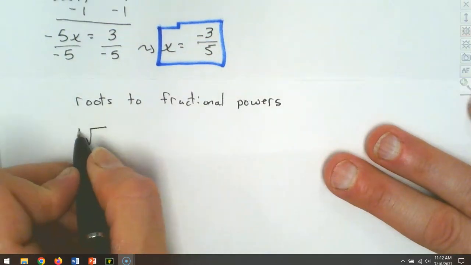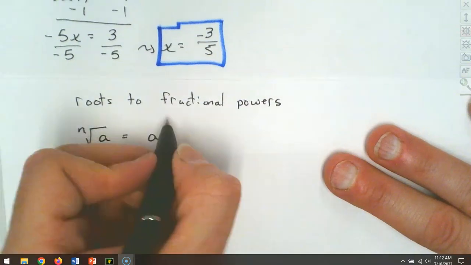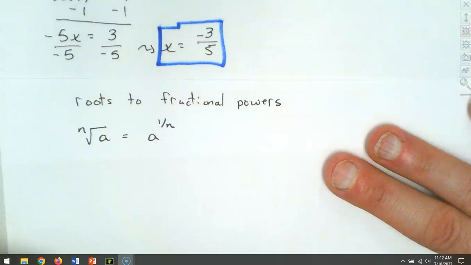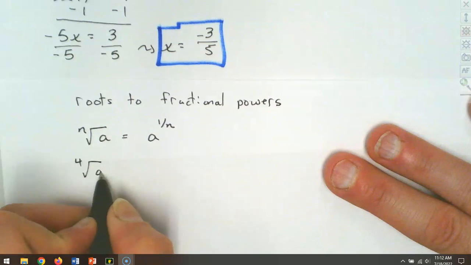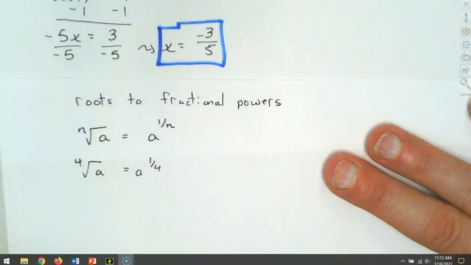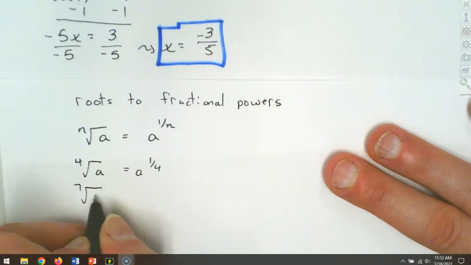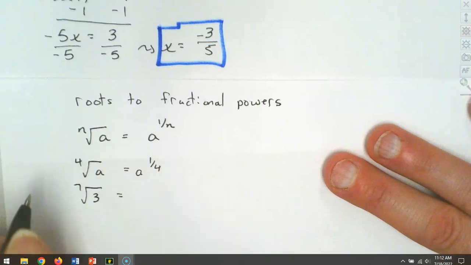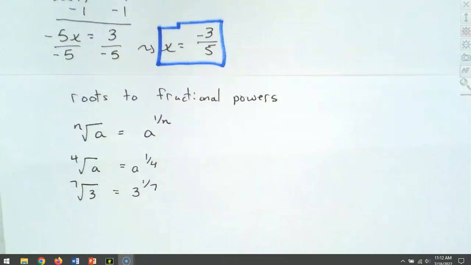So the nth root of a would be a to the 1 over n power. So if I had, let's say, the 4th root of a, then that would be a to the 1/4 power. If I had the 7th root of 3, well, that would be the same thing as 3 to the 1/7 power.